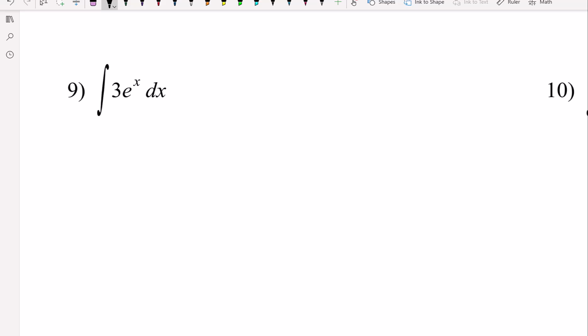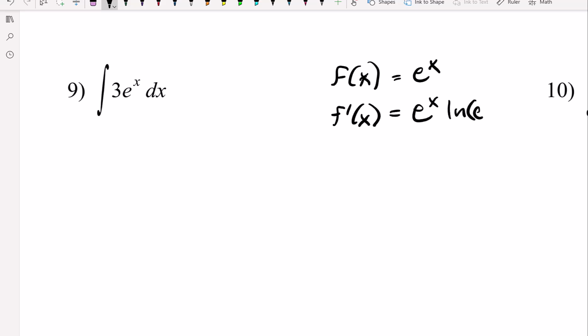Okay, e to the x. Remember, if you have the function e to the x, well, the derivative of e to the x is e to the x times the natural log of e times the derivative of x, which is 1. That cancels. So that leaves e to the x.